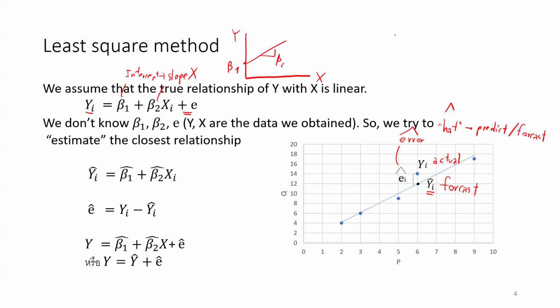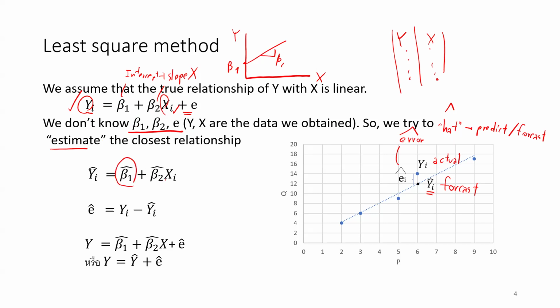However, previously we collected the data of x and y, right? That we brought it together. So we know y already, we know x already, but we don't know beta 1, beta 2, and error. So we try to estimate the closest relationship between y and x. So instead of beta 1 and beta 2, we try to estimate them.